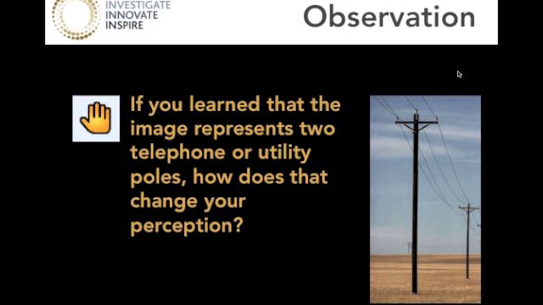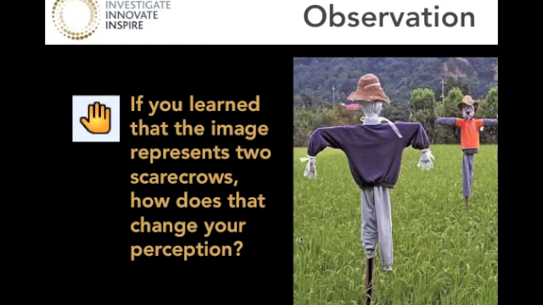I also put this in more context if I have more detailed awareness of what I'm looking for. Okay. Let me change this again just a little bit and ask, what if you learned that that image actually represented 2 scarecrows?